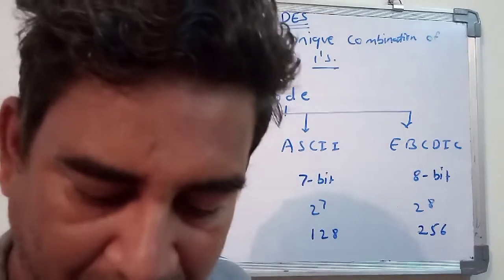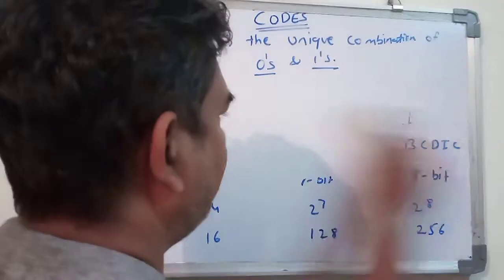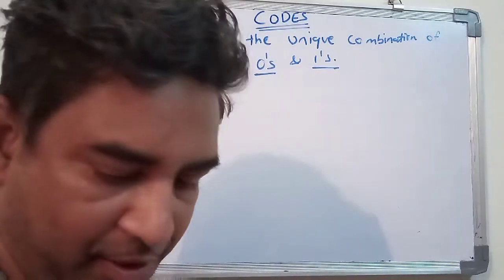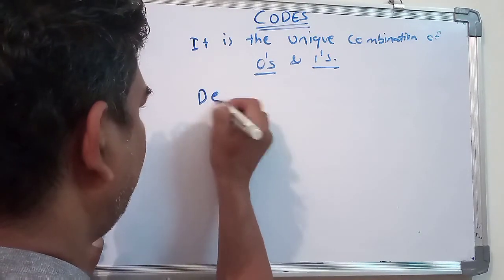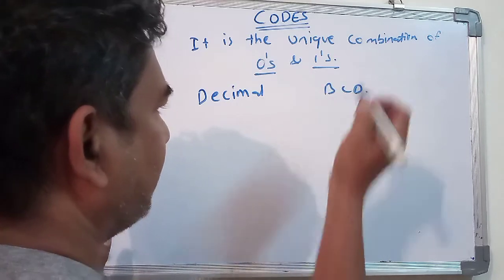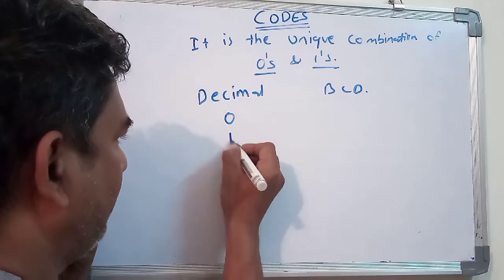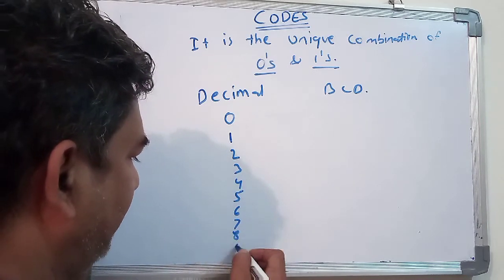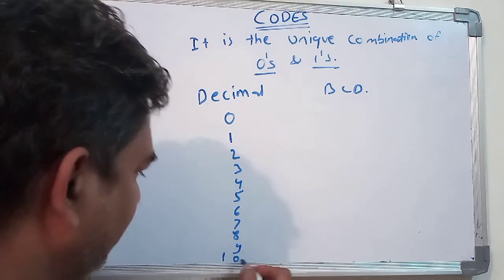Before starting the conversion, you should know how a decimal number is written in the BCD code. Suppose you have the decimal number, and here you have the BCD. Suppose you have the numbers 0, 1, 2, 3, 4, 5, 6, 7, 8, 9, then 10.